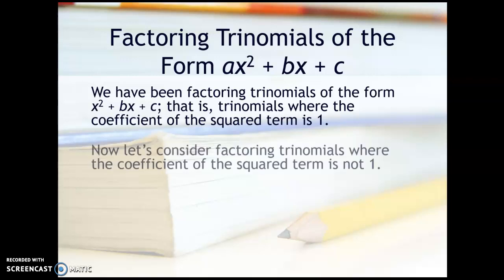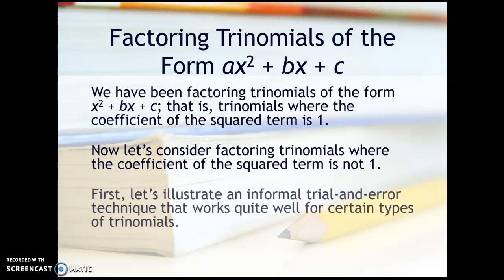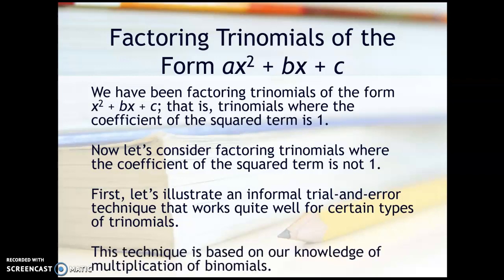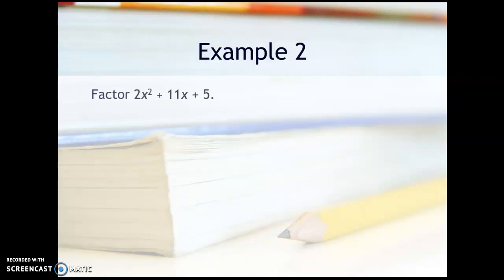Or if that number in front is a 2, there are only two numbers that multiply together equal 2, and that's 1 and 2. So when that leading coefficient only has one pair of factors, trial and error is probably going to be the most efficient way of factoring that trinomial. We'll show you a more systematic method that we can use when that number in front maybe has more than one pair, like the 12 that we were just dealing with in the previous example.